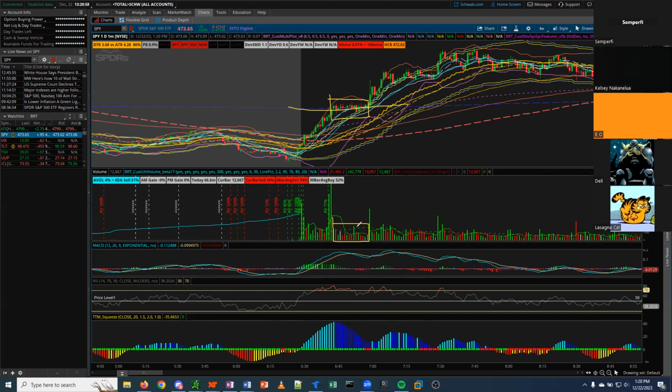And for the big squeeze candle to happen, see how it's like a geyser, or not a geyser. What are those, Kelsey? What are those things called? Blowholes, whatever, in Hawaii, where you go out to the rocks and the water gets sucked down, and then it'll squeeze up through the hole in the middle of the rock.